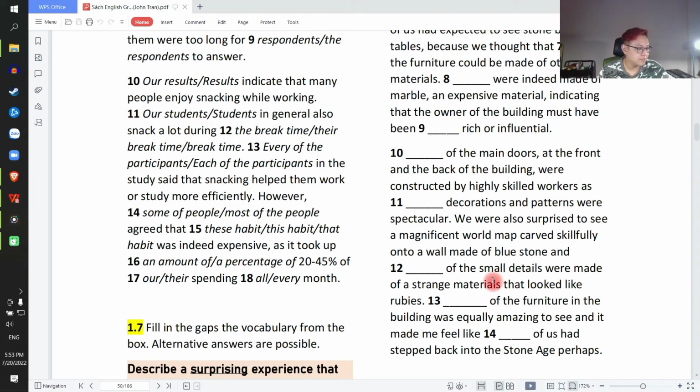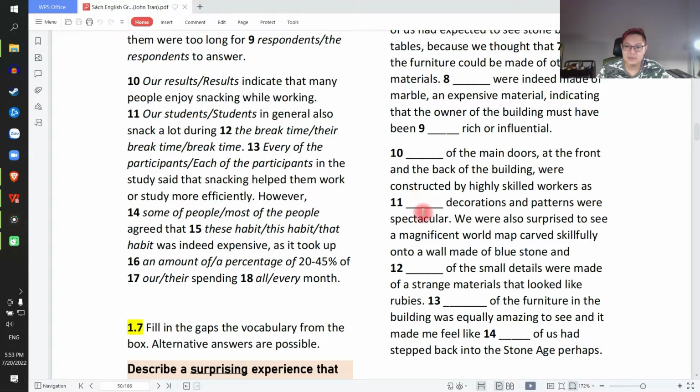Number 10, both of the main doors at the front and the back of the building, so two of them. The front door and the back door, so two of them. So you have to use both in this case. Nó có cửa trước, cửa sau là hai thứ, cho nên các bạn phải xài là cả hai. Cho nên là both of the main doors at the front and the back of the building were constructed by highly skilled workers as their decorations and patterns were spectacular.